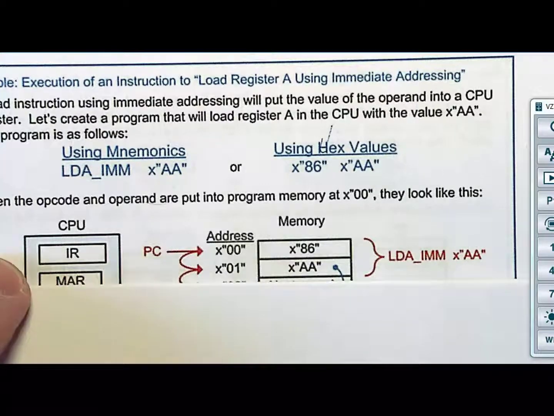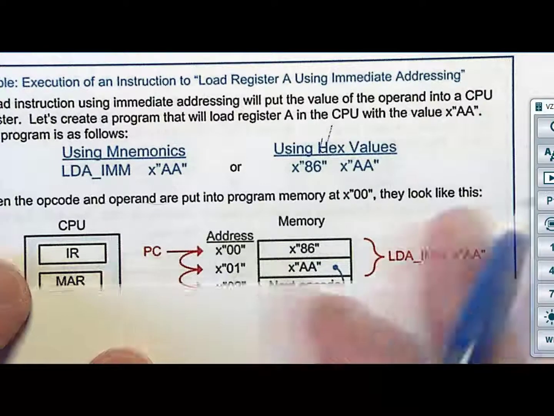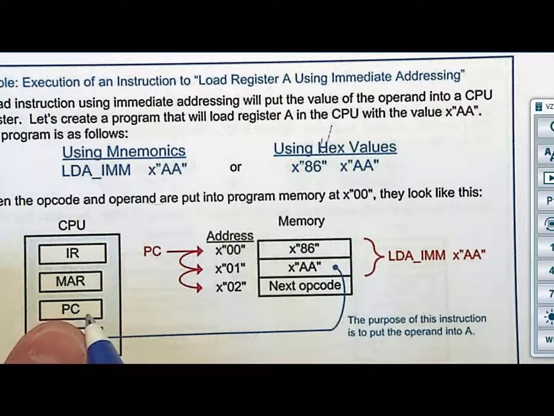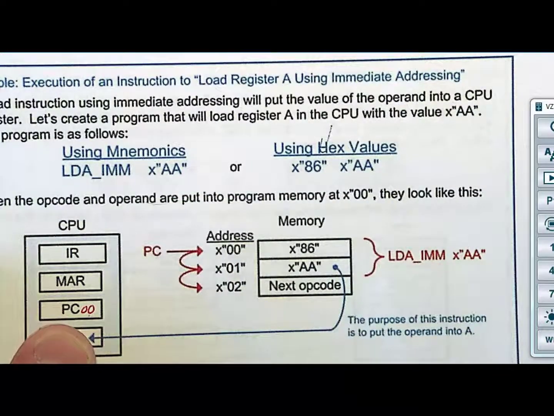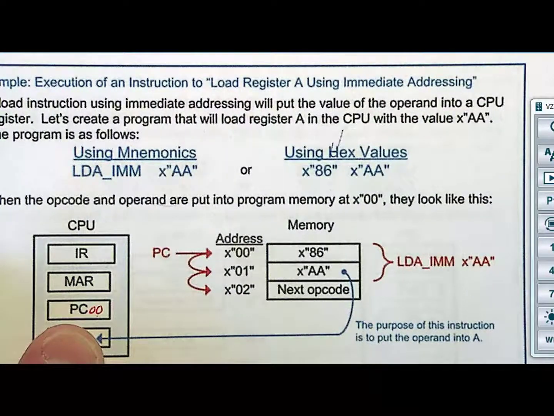Number 1, I need to go fetch the opcode. The program counter itself holds the value. It is what holds 0, 0. Is that how I read from memory? No. The memory address register is what I use.